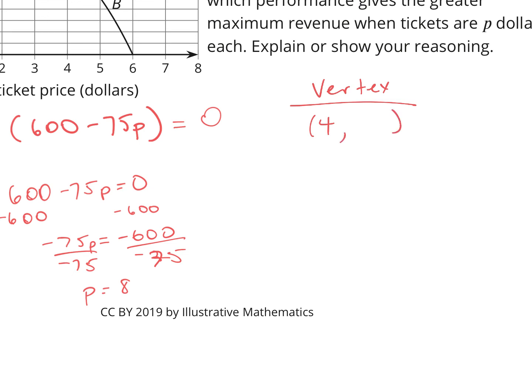I still need to figure out my y value though. So to do that, I take my equation and I plug in 4 for p. So I have 4 times 600 minus 75 times 4, and I see what that equals. So when I calculate that, I see it equals 1200. So my vertex is therefore 1200.